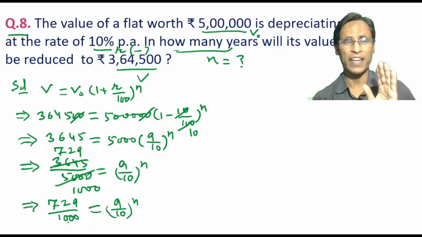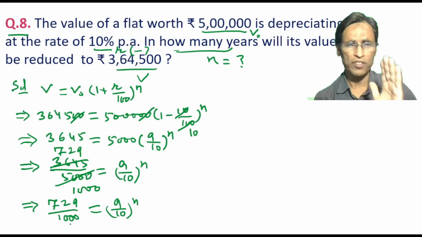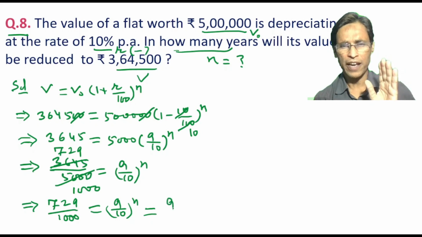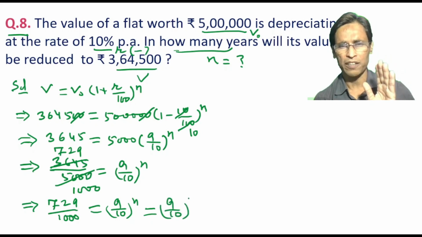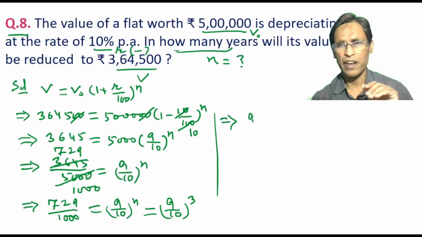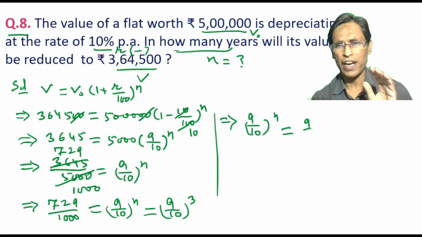By observation we can say 1000 is the cube of 10 and 729 is the cube of 9. So the LHS part will become (9 by 10) to the power 3. In the next step, we get the equation as (9 by 10) to the power n equal to (9 by 10) to the power 3.